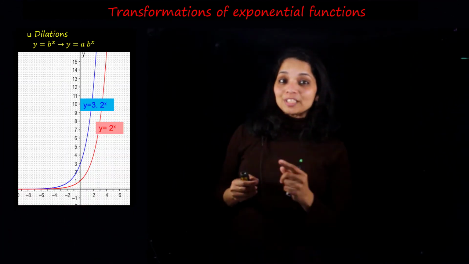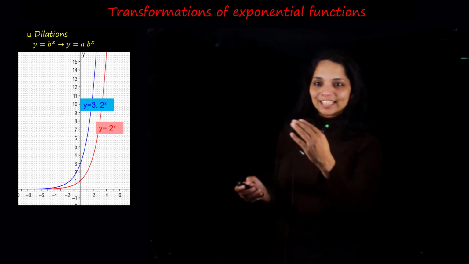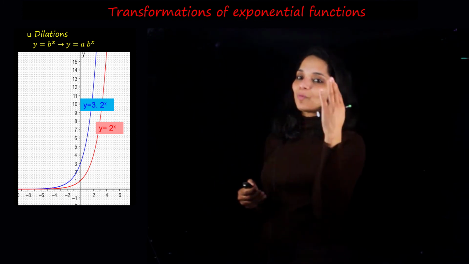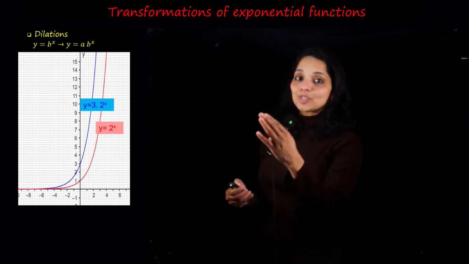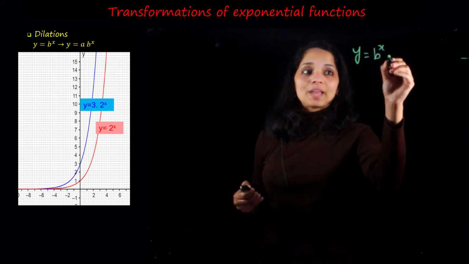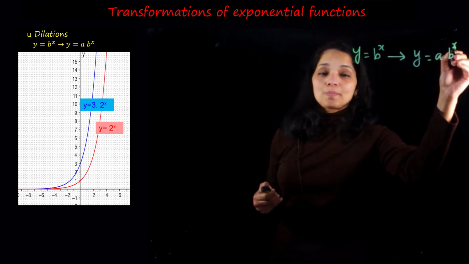There's one more transformation for this function, which is dilation. In dilation, I have shown two functions here, y equals 2 to the power x and y equals 3 times 2 to the power x. So the function is going from y equals b to the power x to y equals a times b to the power x.